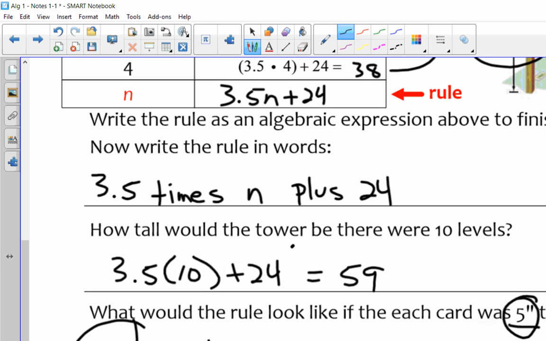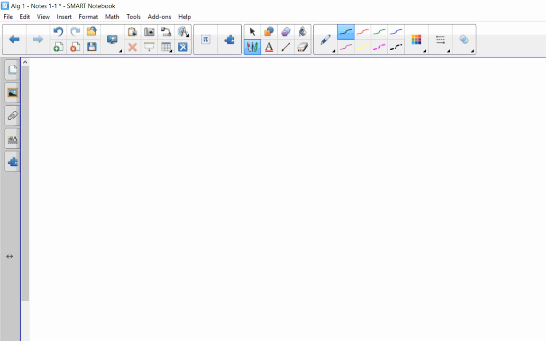It didn't say anything about the table, so I'm going to leave that alone. N still represents the number of levels, so I'm going to get 5N plus 24. So that's how you take some words and put them into numbers and variables in this case too.